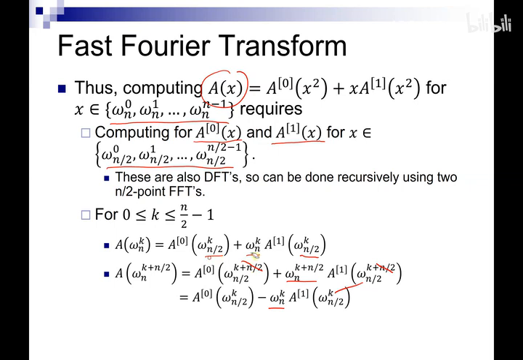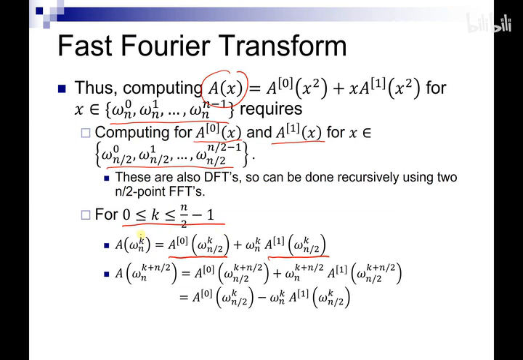So let's clear this up a little bit. The FFT algorithm is saying that we want to evaluate this expression at these n different values. So what we're going to do is take the first half of these values, evaluate them and do these n over 2 point FFTs. So we're going to compute all of these values for k from 0 to n over 2 minus 1, and all of these values also.